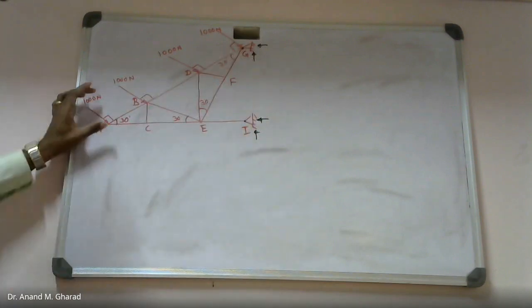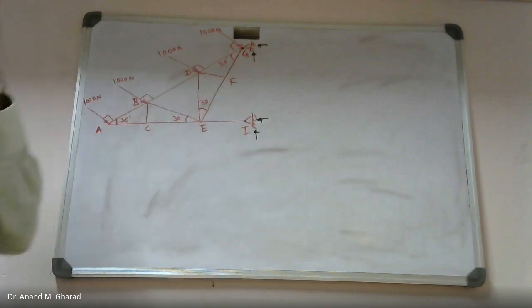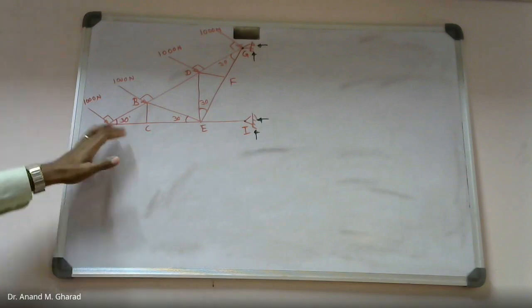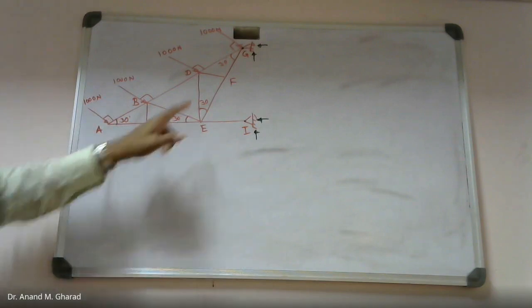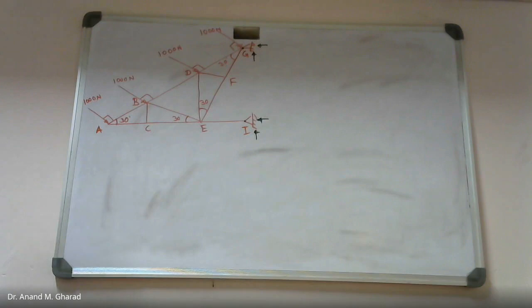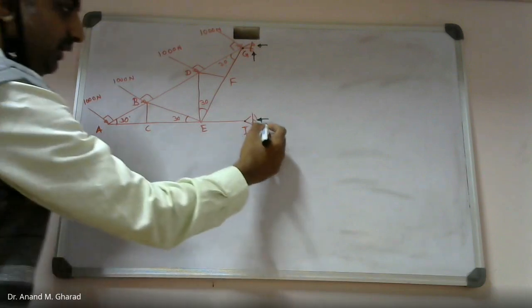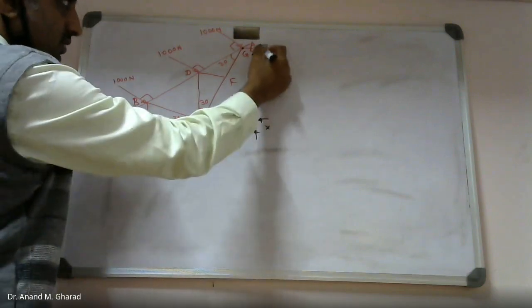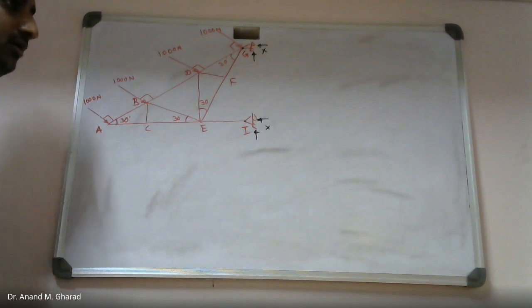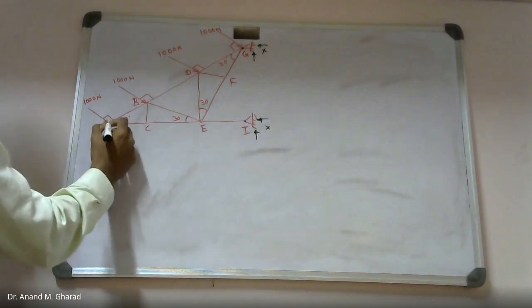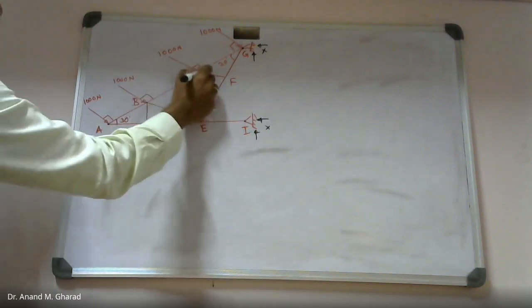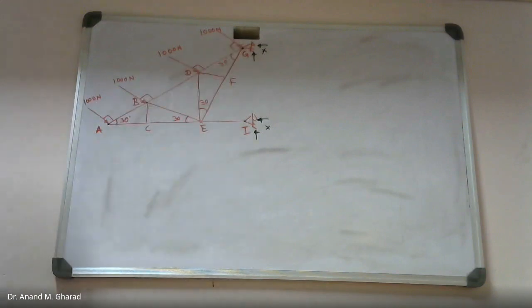But somehow, we are supposed to analyze the complete truss. Analyze in the sense we are supposed to find out forces in each of these members. So there is no need to identify the reaction forces. It is not required. Why? Because at each of these joints, there are some loads or forces acting.